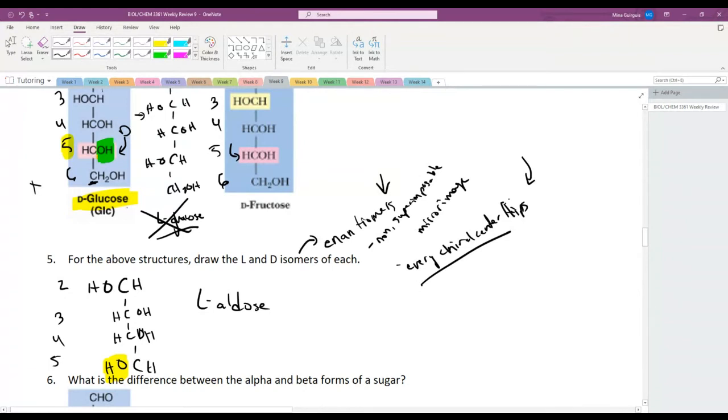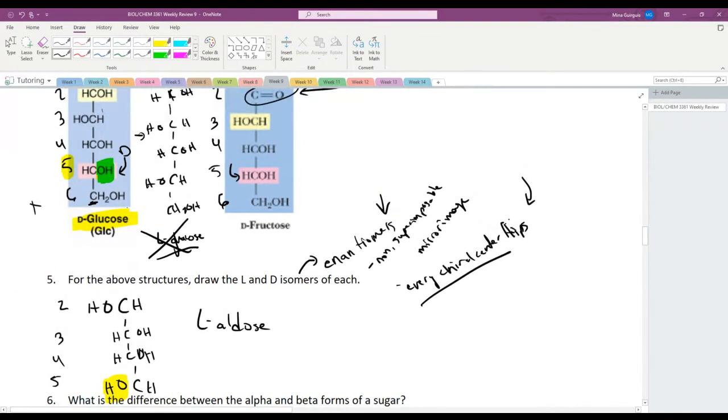In order to confirm that it's glucose, I now have to go and say, all right, let's compare position number 2. We have OH on the right. Over here, we have OH on the left. Okay, so that is the opposite of D-glucose so far. Position number 3 is also the opposite. Position number 4, I accidentally drew the same way, so I need to flip that. So this is not, in fact, L-glucose.